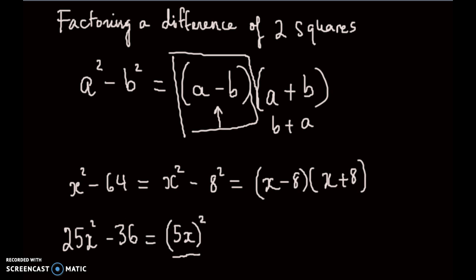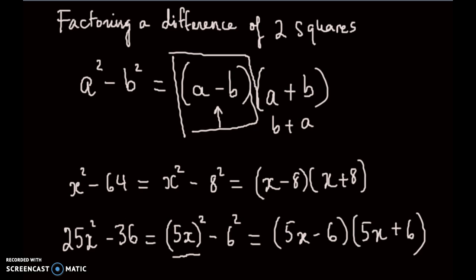So you need to put it into the perfect square form. Minus 36 is 6 squared here, and this will be equal to, remember a minus b, so my a is 5x, my b is 6: 5x minus 6 times 5x plus 6. This is a pretty good example for this.